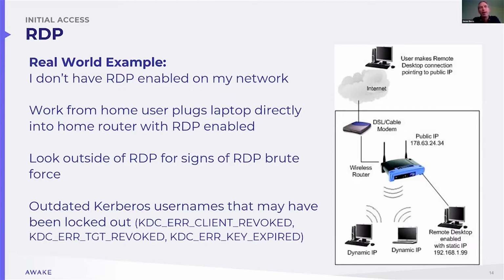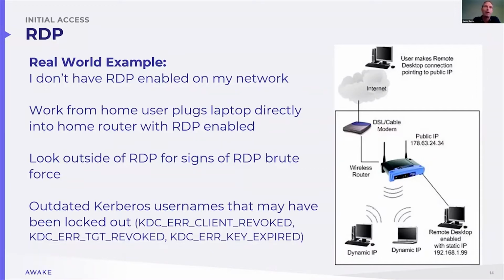In this case, we had an interesting work from home situation where users are all working from home and the network maybe doesn't have visibility on every aspect of that. What happened is this one user plugged their laptop directly into their router and had RDP enabled. Everyone swore it wasn't there, but you end up getting account lockouts and things on the domain controller.